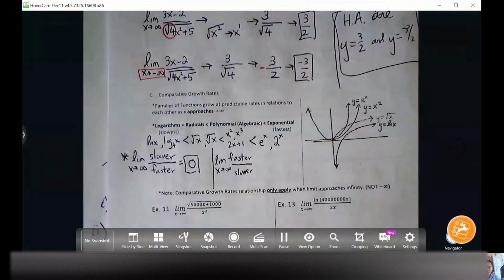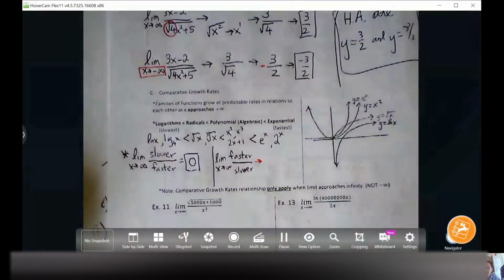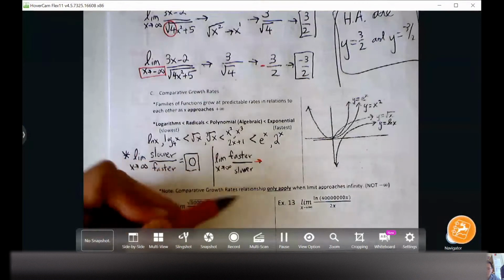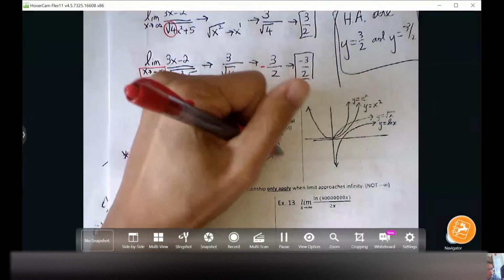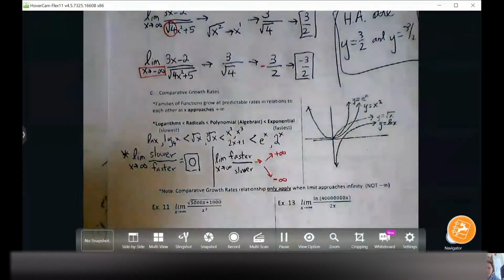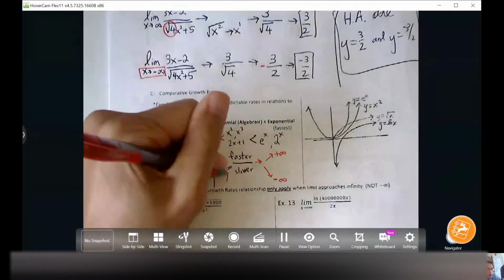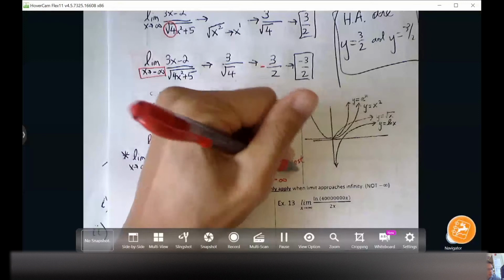Then because our numerator is growing at a faster rate than the denominator, your fraction is going to get larger and larger, and there's only two options. It's either positive infinity or negative infinity. And the way that we can test is, because we're always moving to the right, we can always test 100.